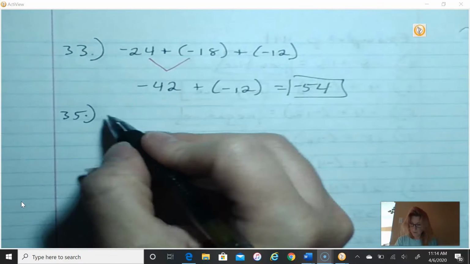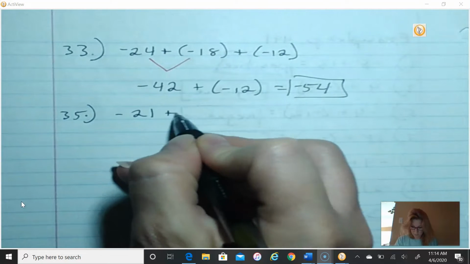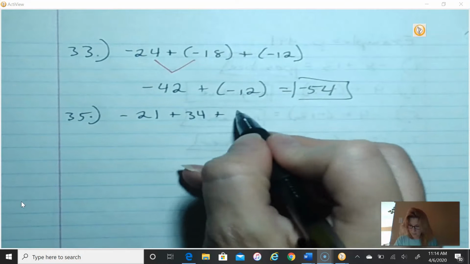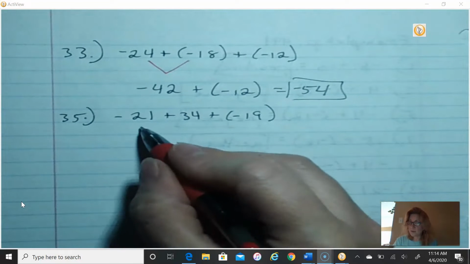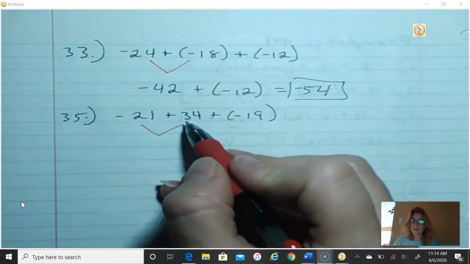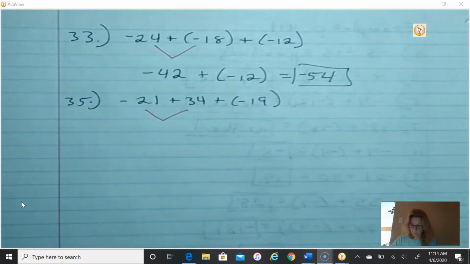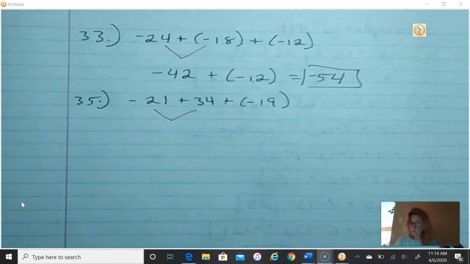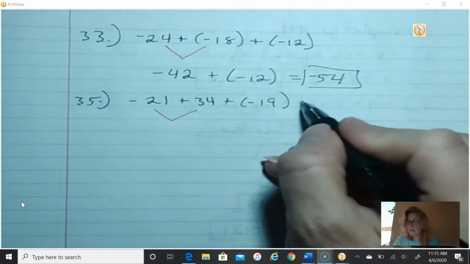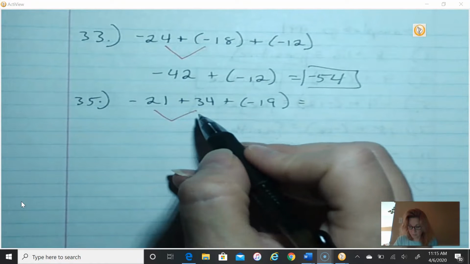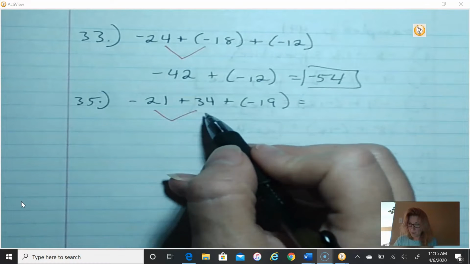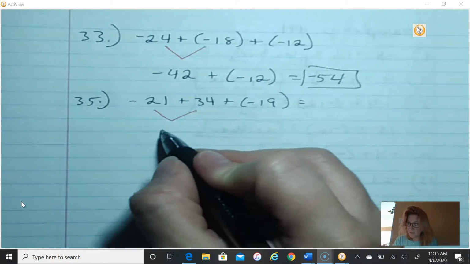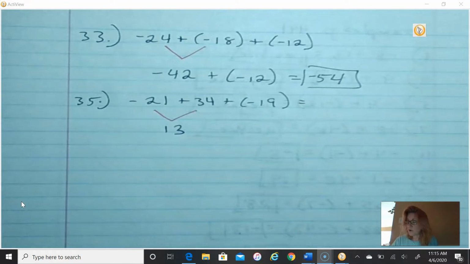35. Negative 21 plus 34 plus negative 19. Okay, we work left to right. That's a negative and that's a positive. The signs are different. Therefore, we subtract and take the sign of the largest, right? So 34 minus 21 is 13. 34 is your largest digit.